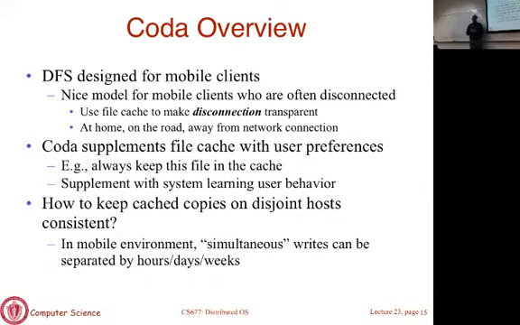So mobile clients essentially imply that machines move. Your laptop is connected to the network here. You shut it down. Maybe you go home. You connect to your home Wi-Fi. Okay. So what has happened in the meantime? While your machine was shut down, it was disconnected from the network. It was not connected.